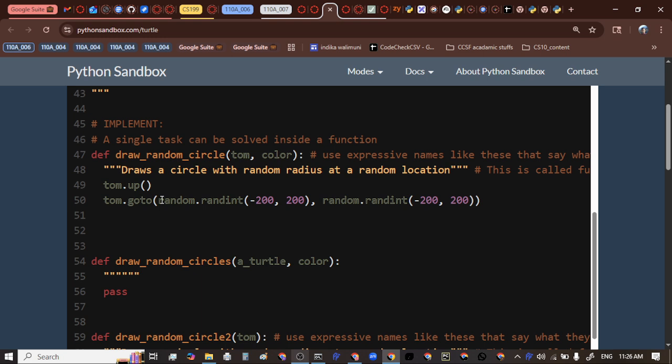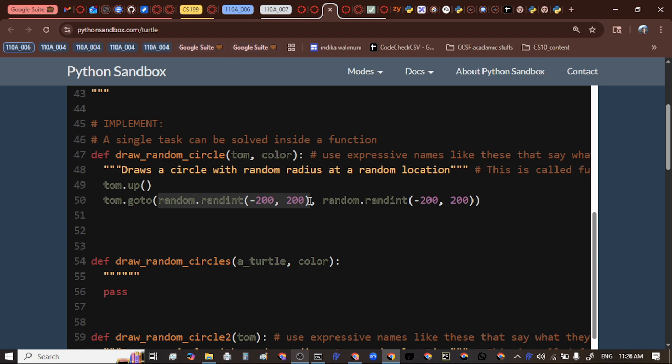That's a good question. So this is a value, right? It's a random number between negative 200 and positive 200. If I create a variable x equal to that and then pass x, it's okay. But why create a variable where we can directly call the function there, right?